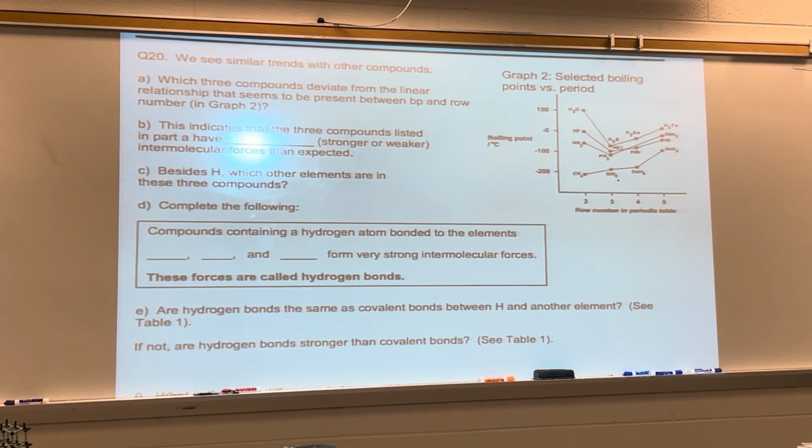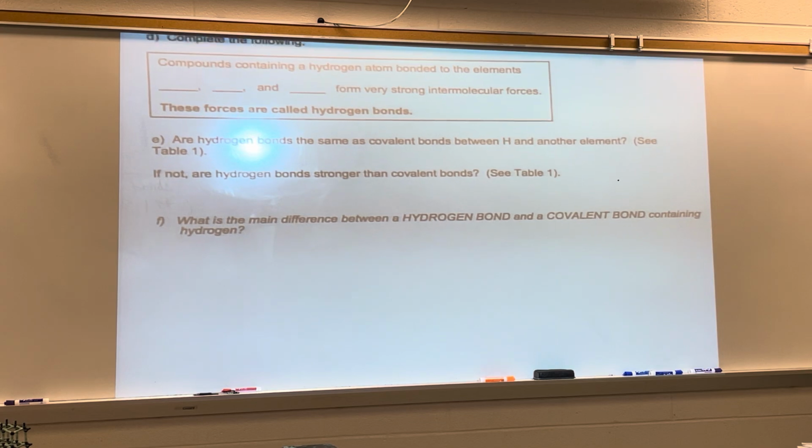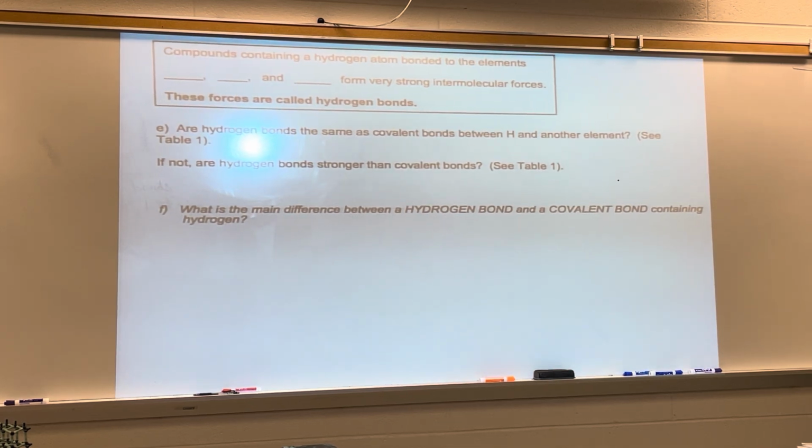You break the weak London force, you don't break the strong covalent bond. And then lastly, what is the main difference between, I really just said that, a hydrogen bond is intermolecular, whereas a covalent bond is intra, between versus within.